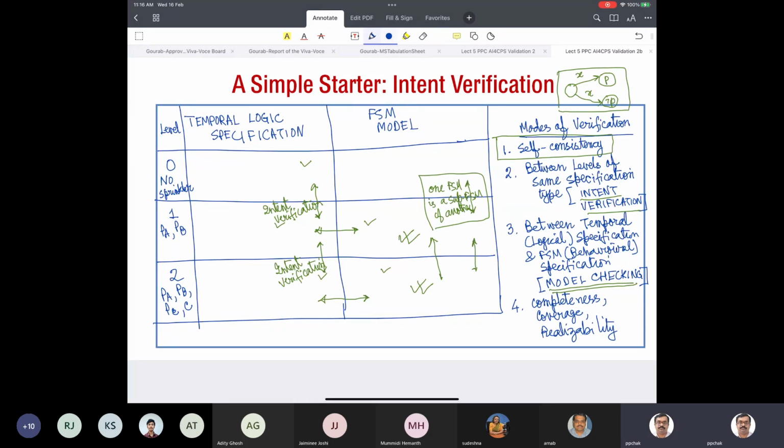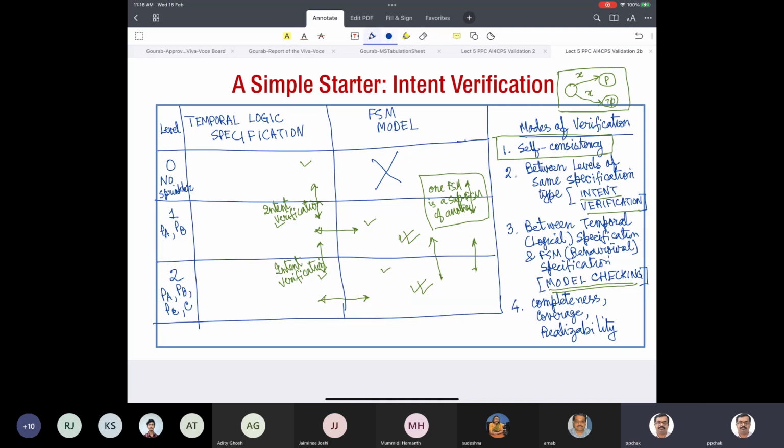We have specification at 3 levels in this case: no sprinkler, 2 sprinklers, 3 sprinklers, which are the rows, and we have a temporal specification and a finite state specification. We did not have a finite state model here, but we had a finite state model in the other 2 levels because those were refined where the sprinklers property was given.